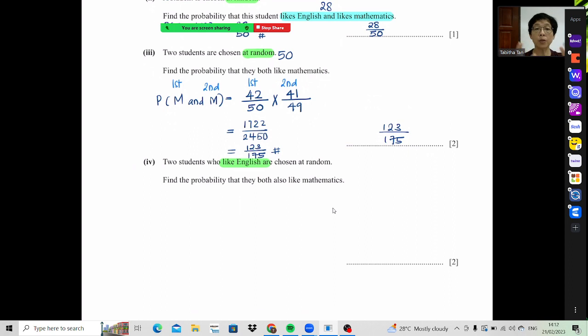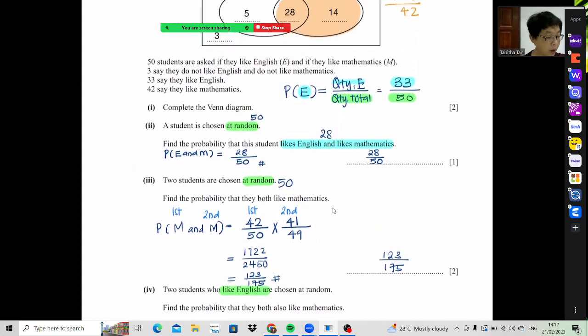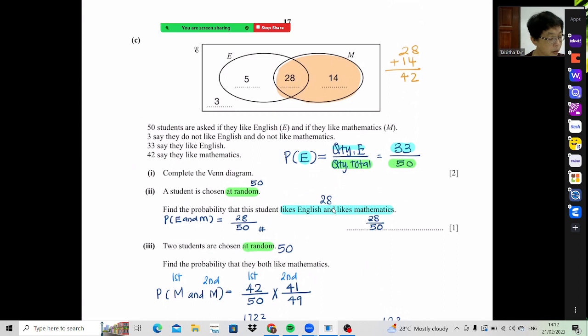So now our denominator will no longer be the 50. Our denominator now will be the number of students who like English.